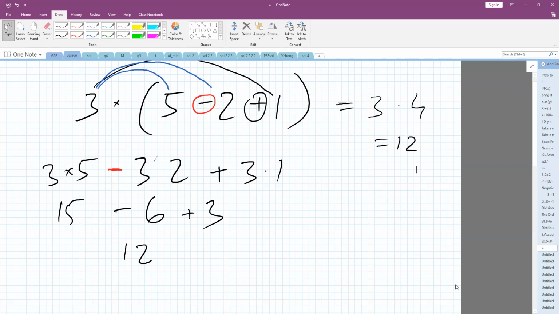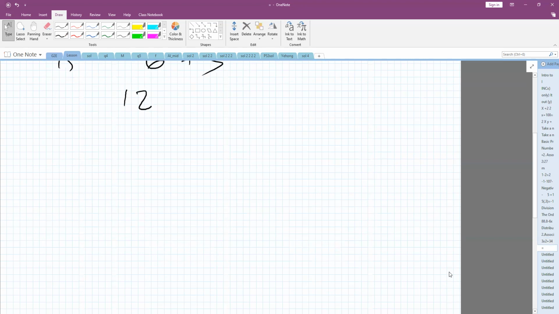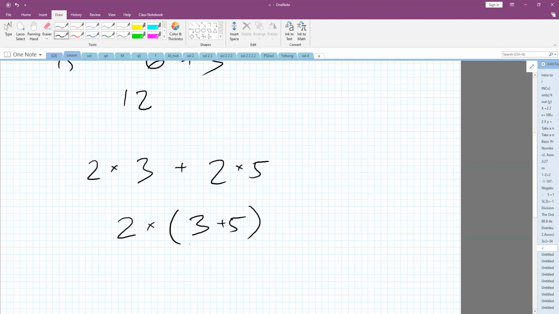So the distributive property is something like this. If you have 2 times 3 plus 2 times 5, you can shorten it by writing 2 times 8. 3 plus 5, and that makes 8 here, and then 2 times 8 gives us 16.